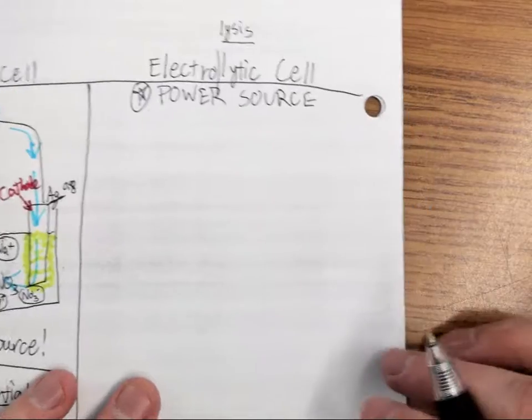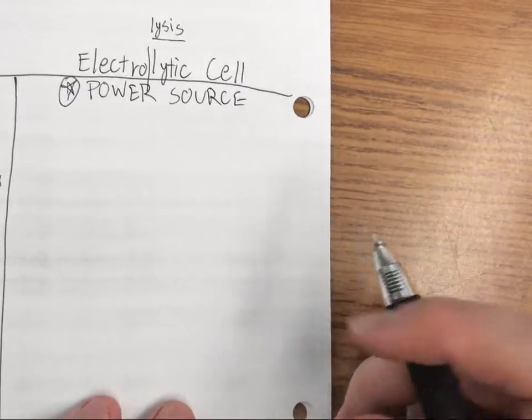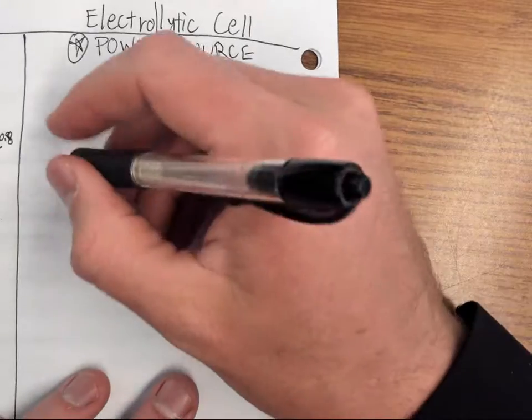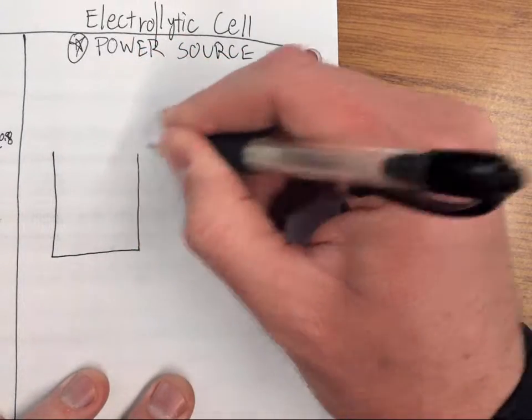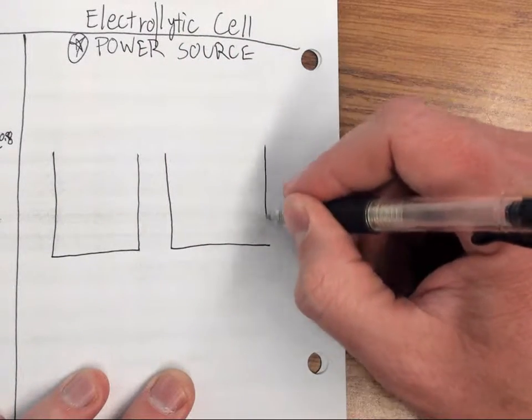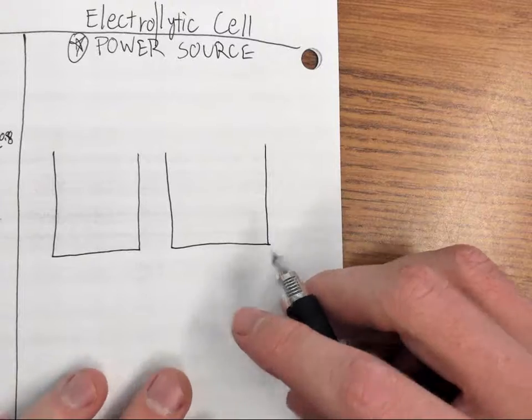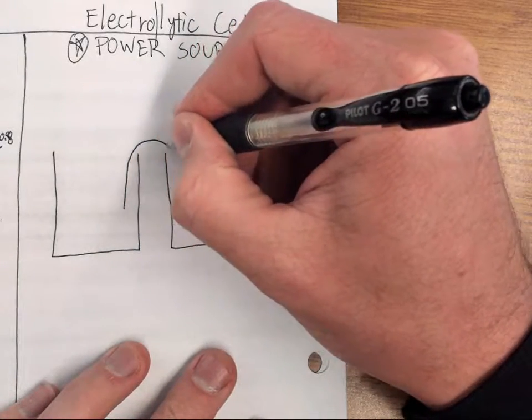Okay, for our electrolytic cell, we do have a power source, but it's going to be set up much the same way. We're going to have those 2 cups. Of course we'd have the 2 cups. Why wouldn't we? Oh, you know we're going to have the salt bridge. We've got the bridge to the other side.